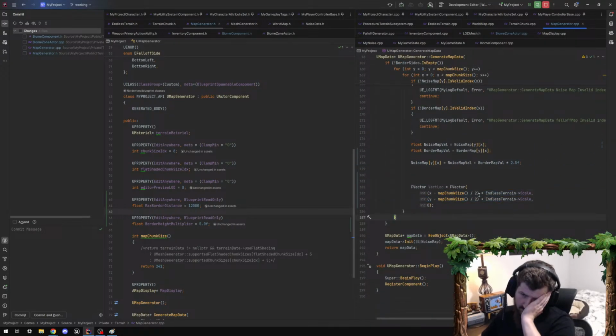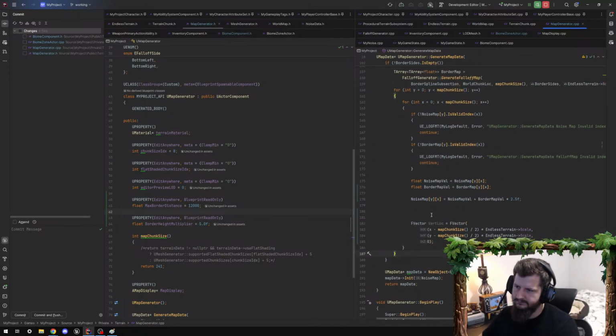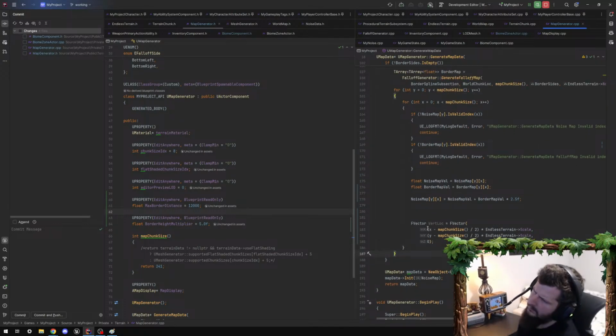Multiplying by scale could be... I need the... It's basically going to be... Wait, are these negative or no? Or do they start at... They start at 0. So top left is 0, 0.